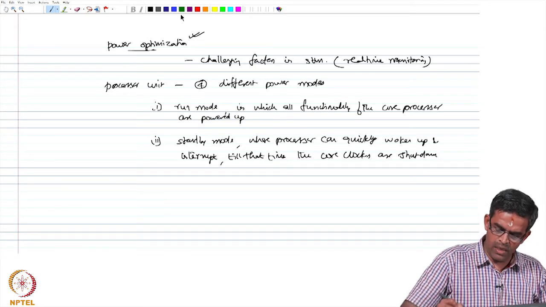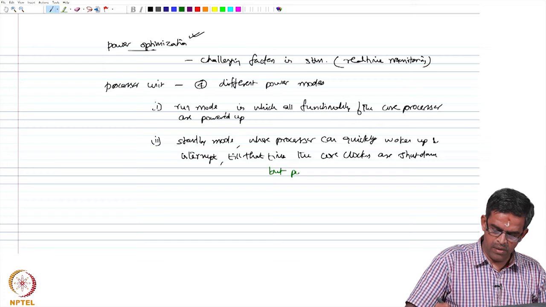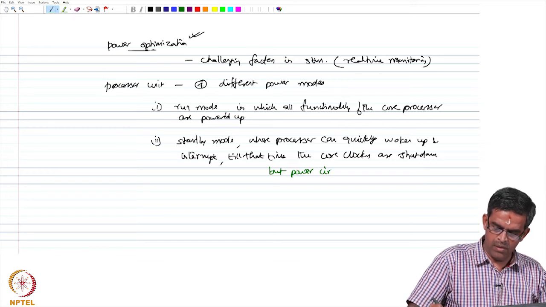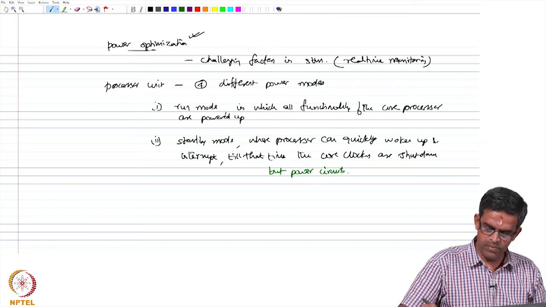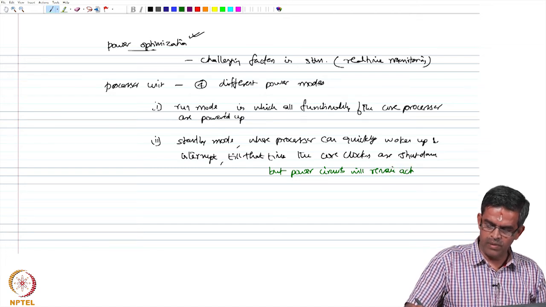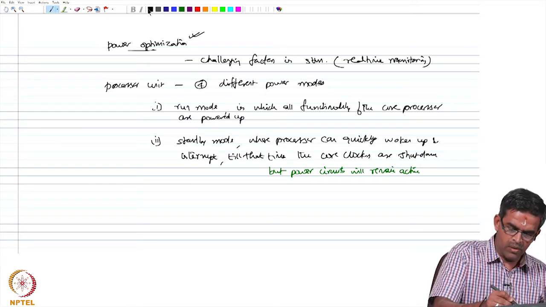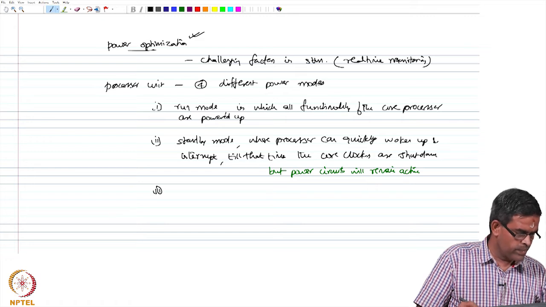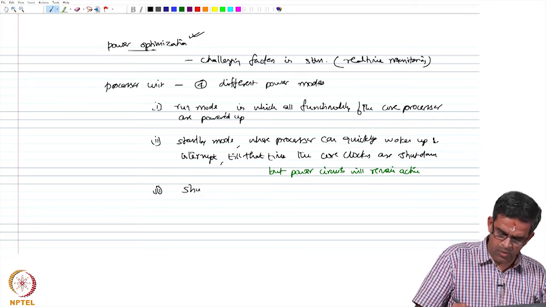But interestingly, the power circuits will remain active. That is the second mode. Now, the third mode is completely shut down mode.